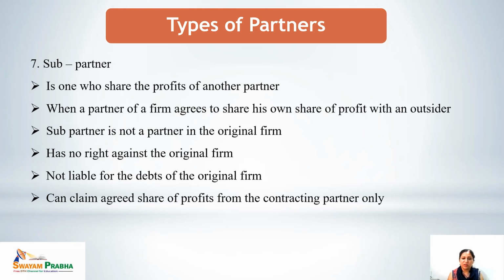He is not a partner in the original firm. He has no right against the original firm and no liabilities against the original firm. He cannot claim a share out of the profits of the original firm. He can only ask the partner who is giving his share to him as a sub partner.